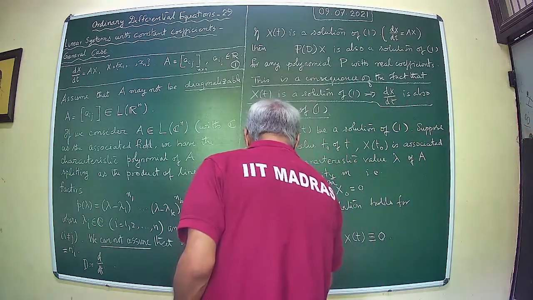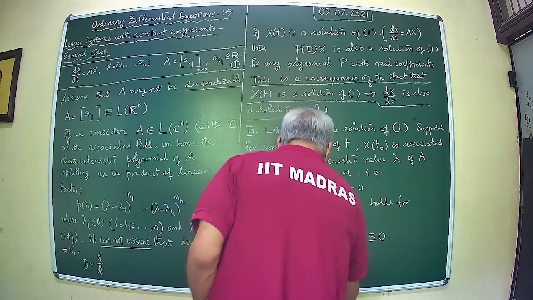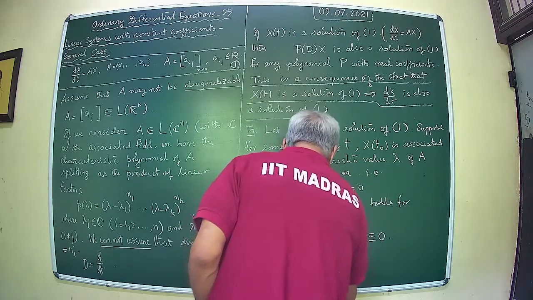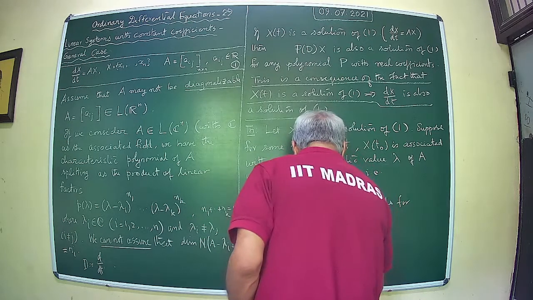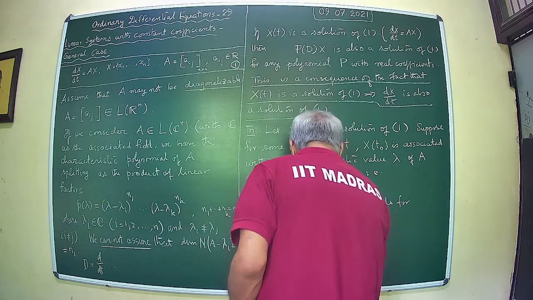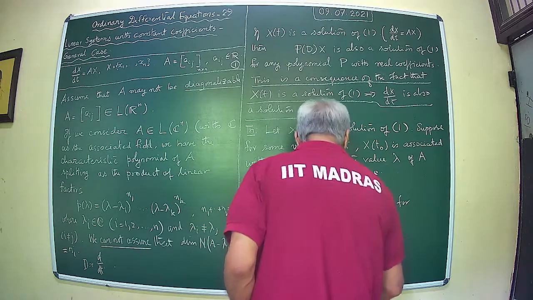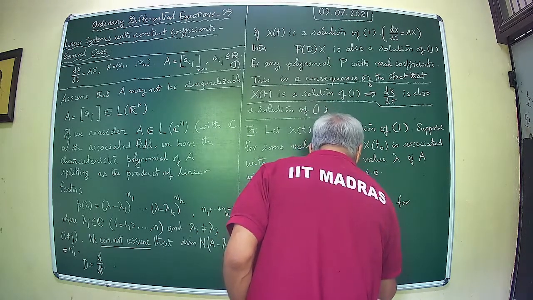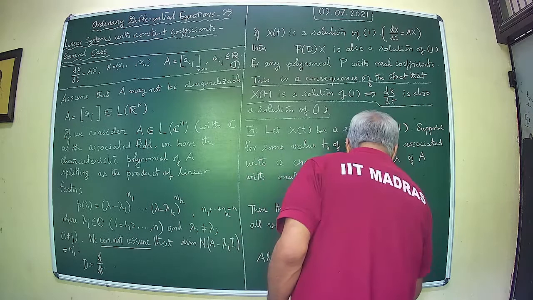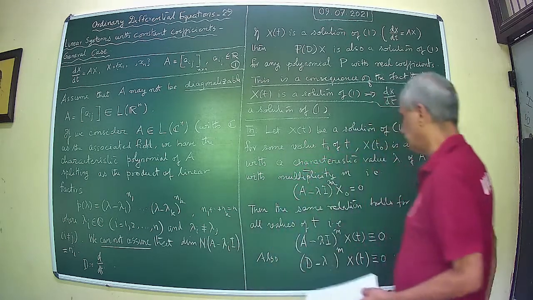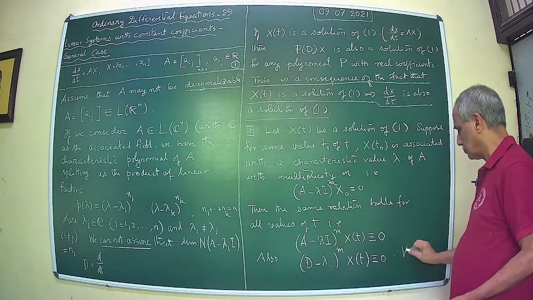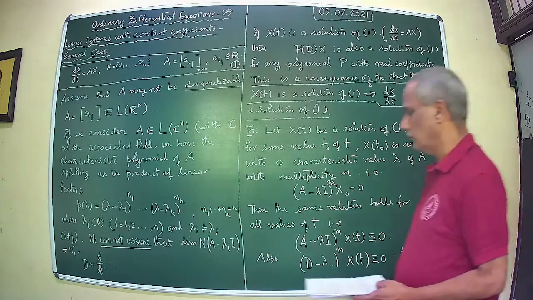Also (D minus lambda) to the power m x is equal to 0.